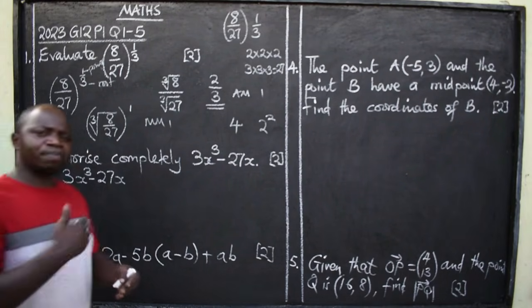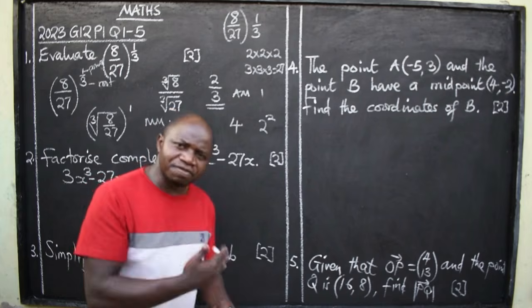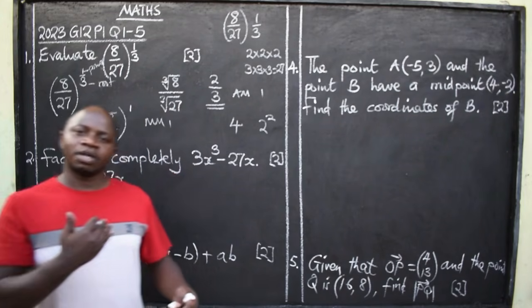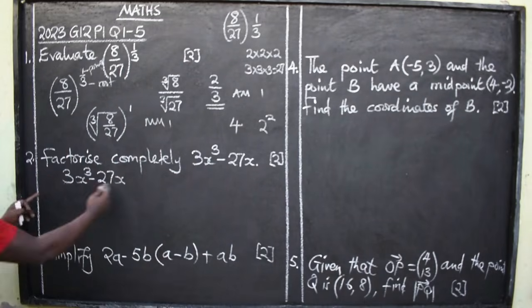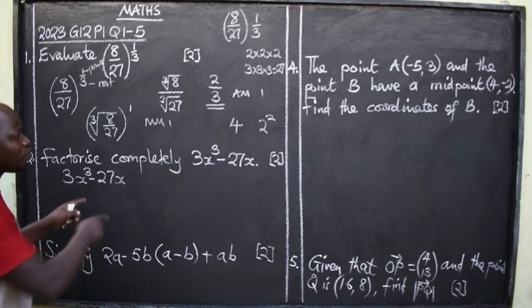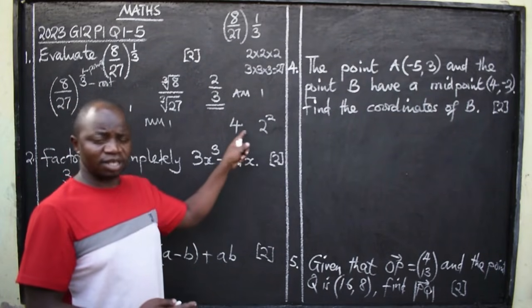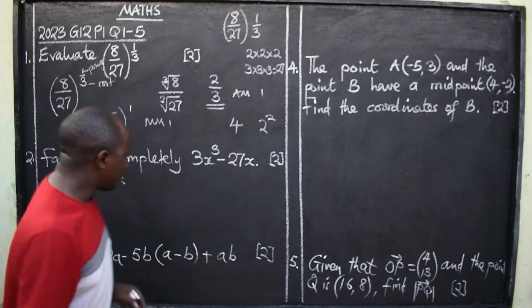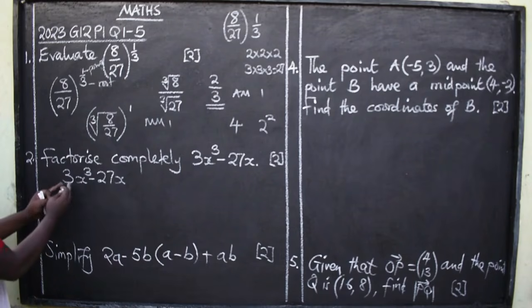So if it is not possible, then before you apply difference of 2 squares, you have to do common factorization. So we're going to do common factorization first so that we have numbers that can be expressed in square form.